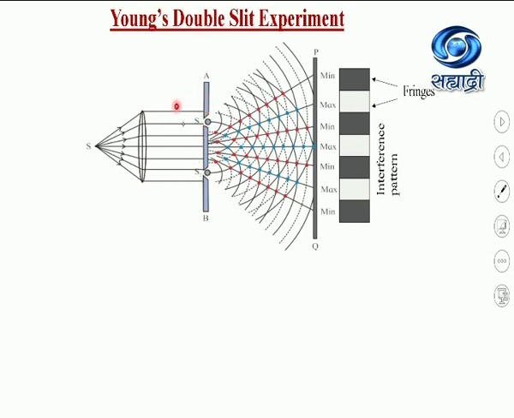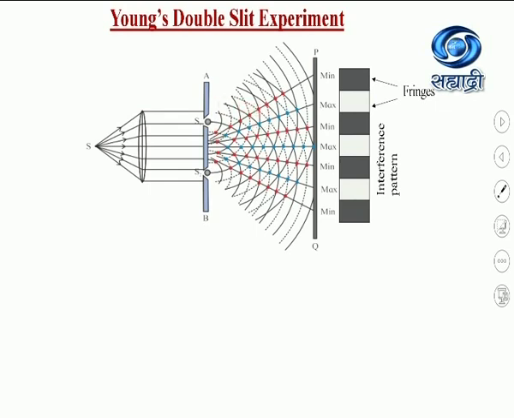So the waves which are incident on S1 and S2 are in phase, and therefore the waves which are emitted by S1 and S2 are also in phase. When the waves from S reach S1 and S2, these two slits act as secondary sources of light, and they emit the secondary wavelets in the form of cylindrical waves in the medium.